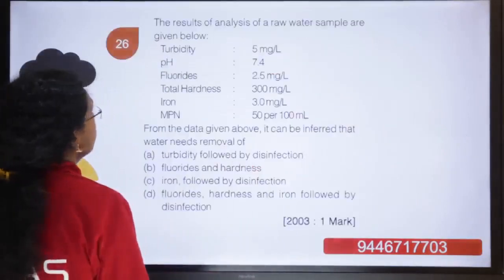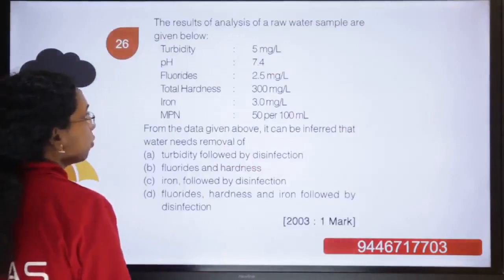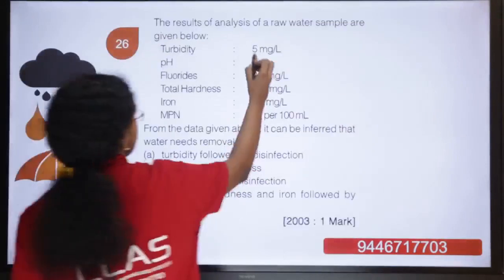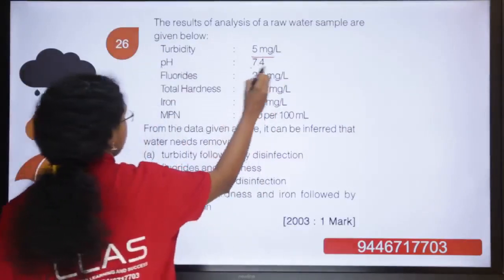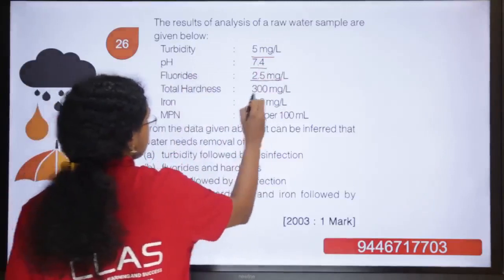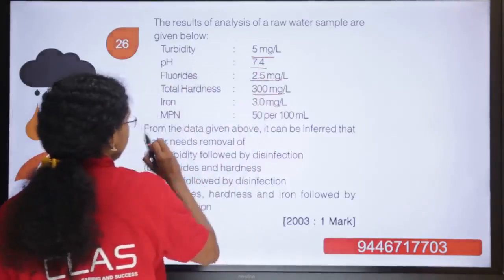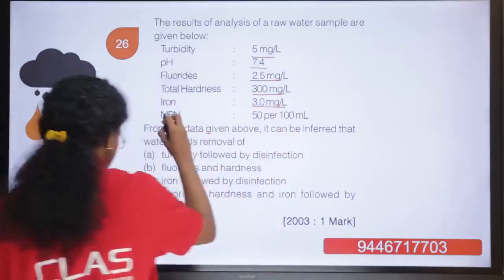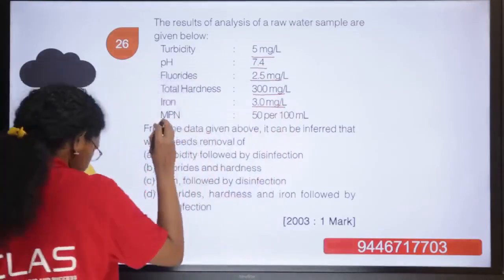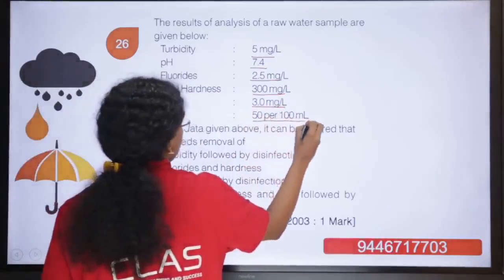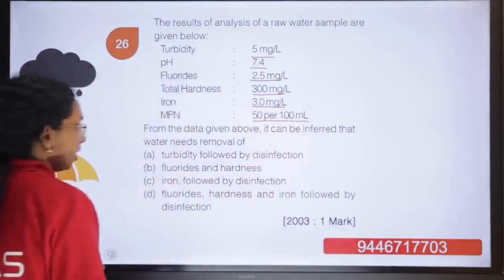Then the next question: the results of analysis of a raw water sample are given below. Turbidity 5 milligram per liter, pH value is 7.4, fluorides is 2.5, total hardness is 300 milligram per liter, iron is 3 milligram per liter, and MPN, that is the most probable number, is 50 per 100 ml.